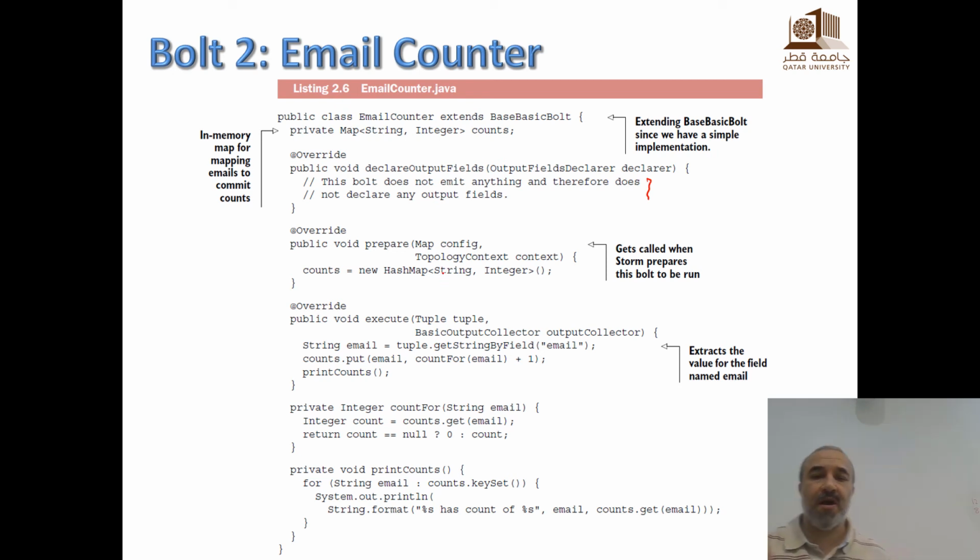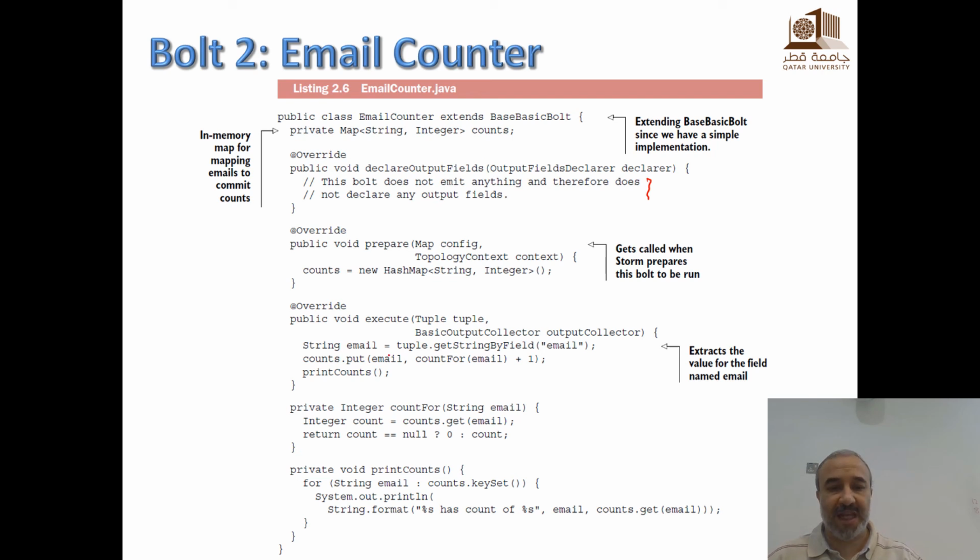Now, how will we count? We need a data structure, right? We need something like a hash map or tree map to count the number of times you see each email. So you define it, you create it, in the prepare function. The prepare function is something like the setup function that is called once, and then execute is called with each tuple.